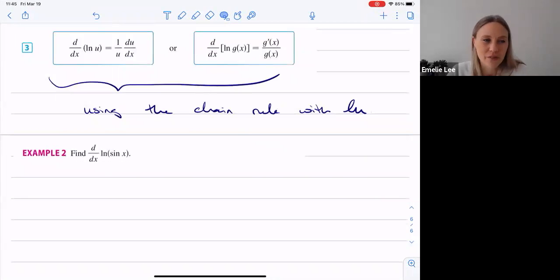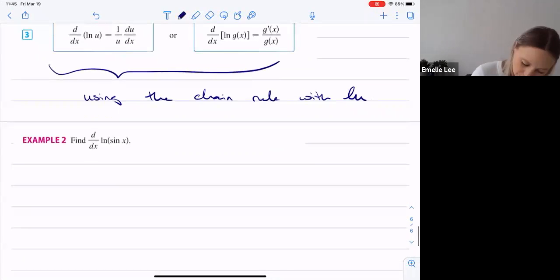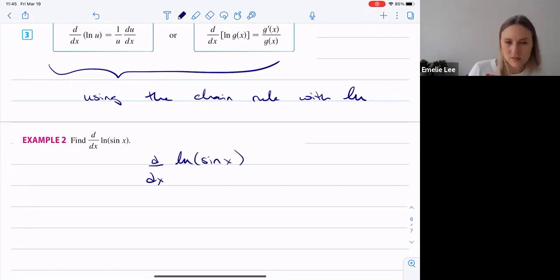So here we have another chain rule. I have the ln on the outside and I have sine x on the inside. So the d dx of the ln of sine x. Notice that there's no left and right hand sides, and that's okay.